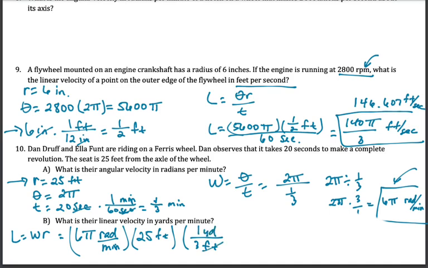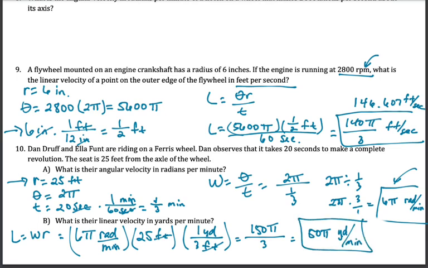So the feet cancel out. And when you multiply straight across, 6 times 25 is 150 pi. And then on the bottom, we have 3. And so that simplifies to be 50 pi. And our units are yards per minute. And that's my answer. Sorry about that.